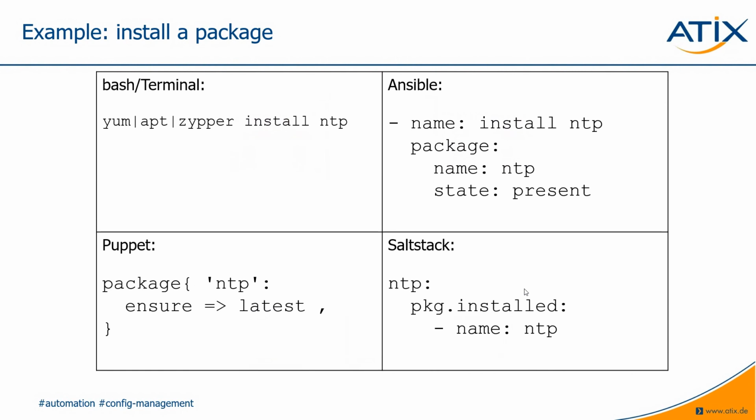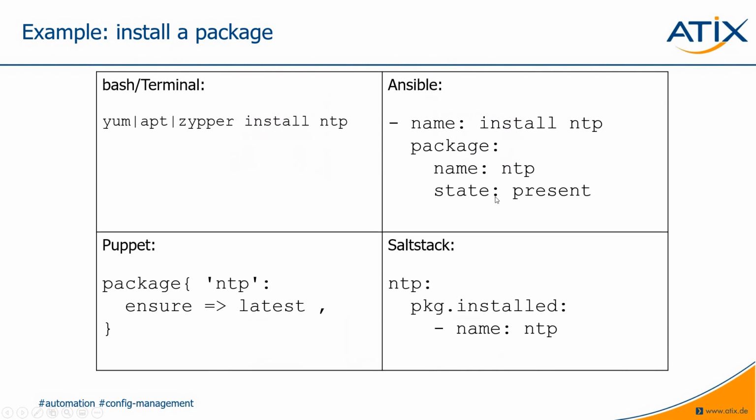And if I use one of those configuration management tools, they have a resource or a module which is named package. In Ansible, there's a module named package, and I have a task, and my task has a name to identify what is done, and the module itself has several parameters, and the most simple one is the name of the package I want to install, and this can also be a list, and the state I want to have this package in.